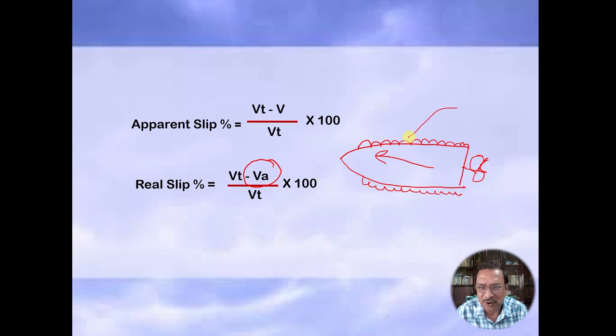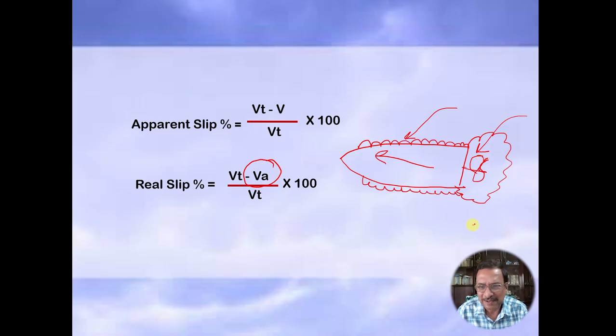But this layer of water moves not at the speed of the ship, it moves slower than the speed because it is not fixed to the hull. It is just a drag, and this water body extends like this around the propeller. This water body, which is around the propeller, is called the wake.